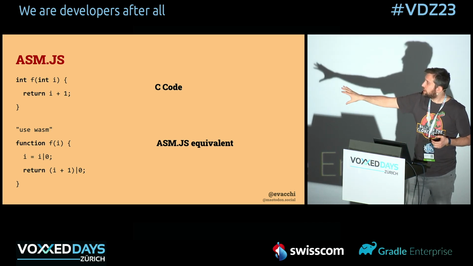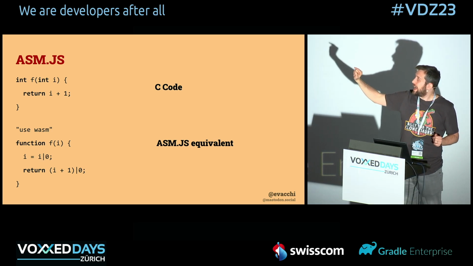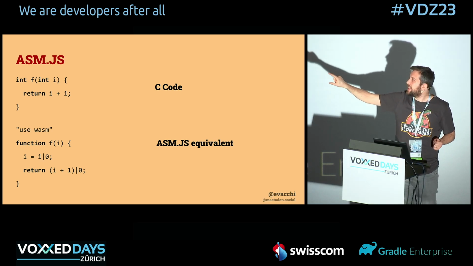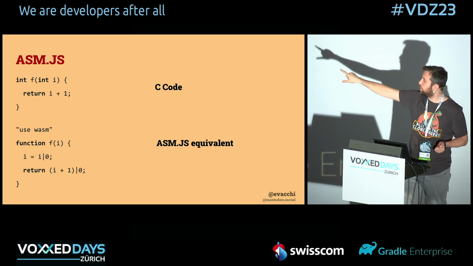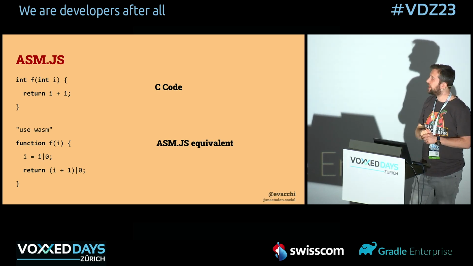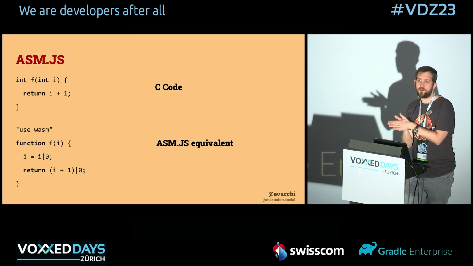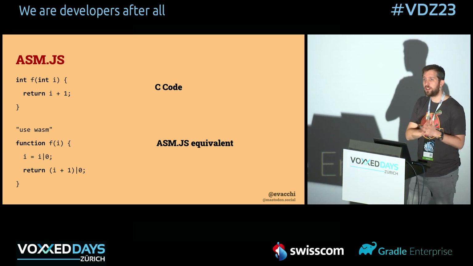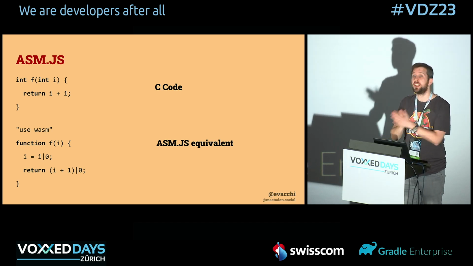But as for the rest of the code, that's pretty much basic JavaScript code, except that you can see there's something weird happening with variables. There's a bitwise OR with 0. What's happening here is that this is completely valid JavaScript, but the bitwise operation with 0 doesn't change the semantics of a variable, only if it is numeric and only if it is an integer.